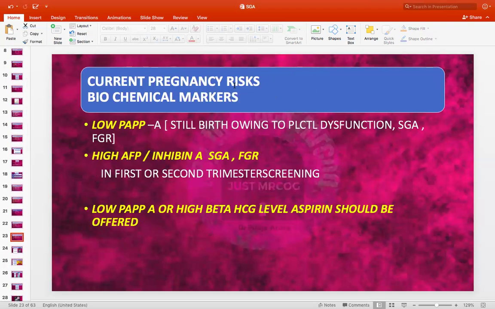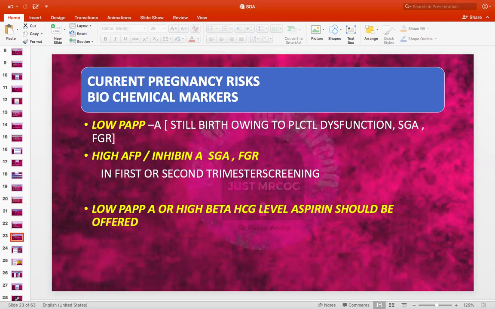Now, in the current pregnancy, we have offered her certain biochemical markers, which we do in second trimester or first trimester screening, that is double marker or quadruple marker. Low PAPP-A is an indication of stillbirth owing to placental dysfunction, SGA and FGR. So low PAPP-A is dangerous because it causes SGA, it causes FGR, it also causes stillbirth.